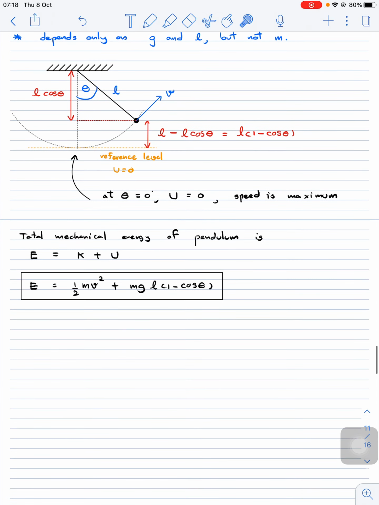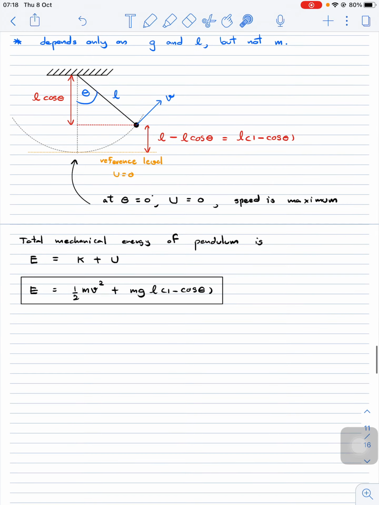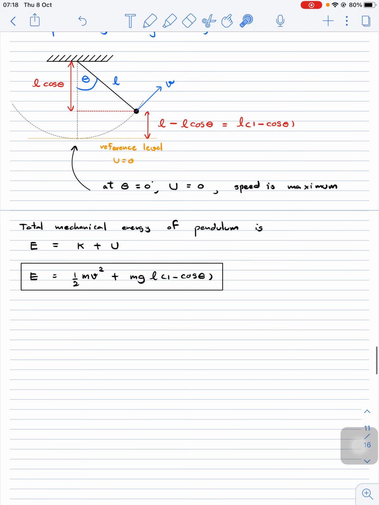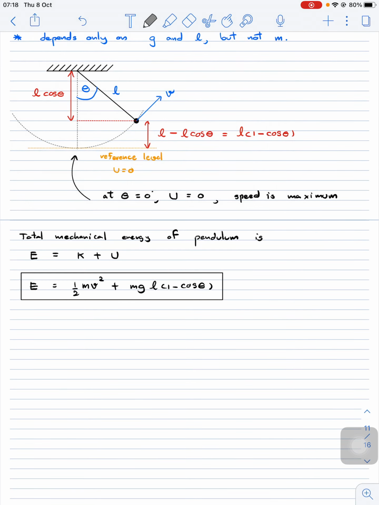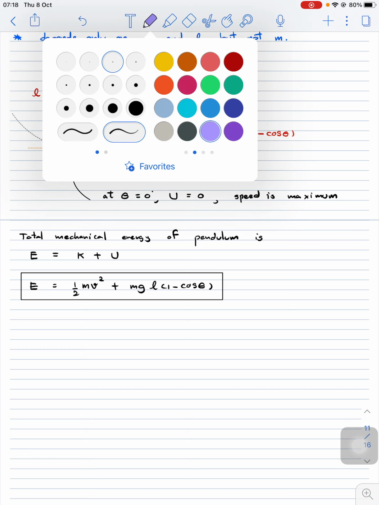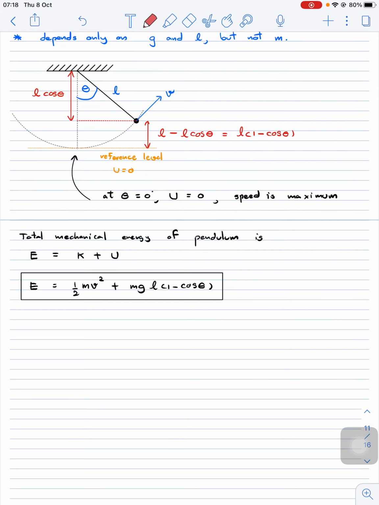Okay, now if we consider the maximum angular displacement, for example, let's say that it's here.